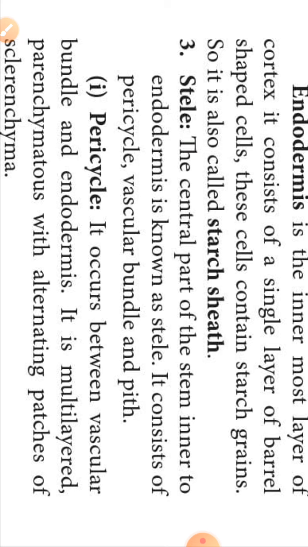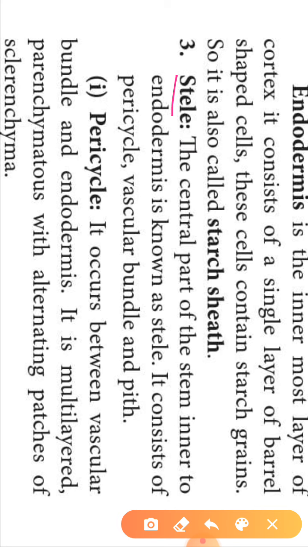Pericycle. It occurs between vascular bundle and endodermis. It is multilayered parenchymatous with alternating patches of sclerenchyma. Stele. Very important.